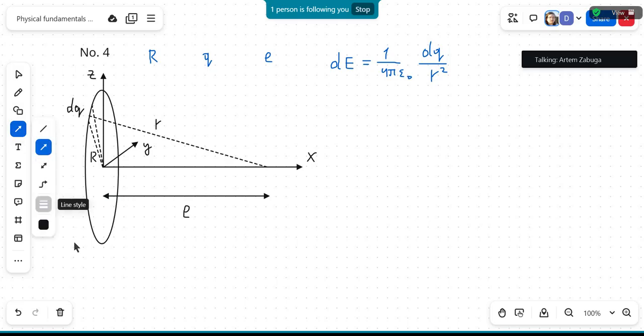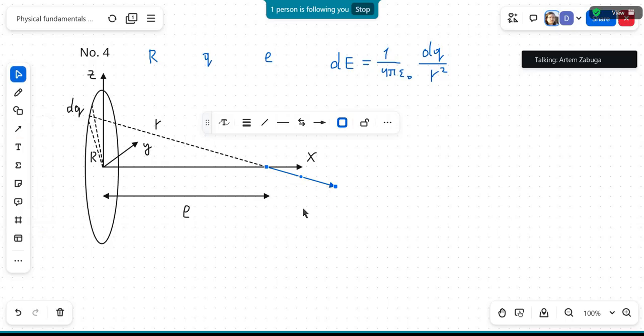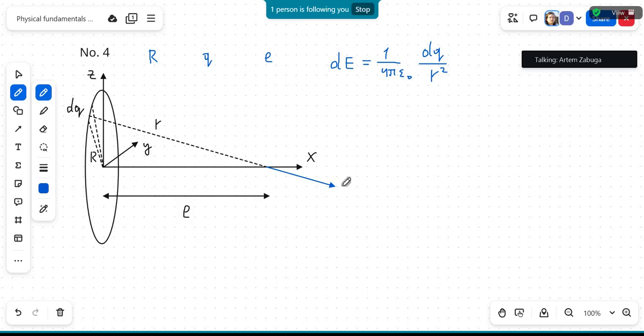I'll draw this. If we have a positive charge of the ring, then dE will be somewhere here. dE.